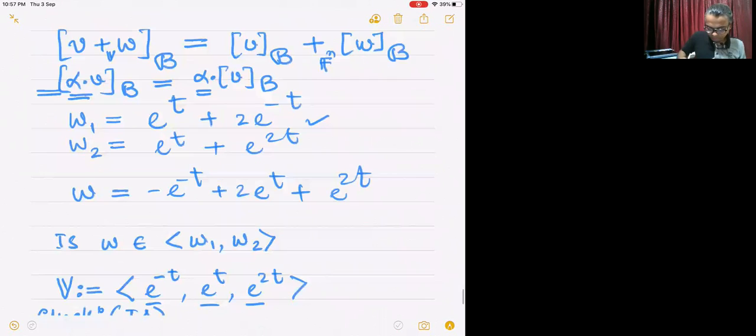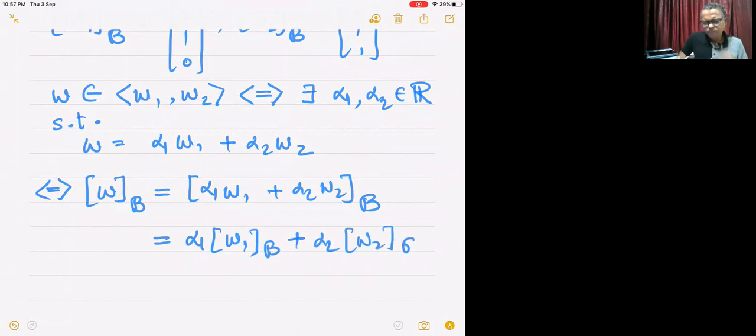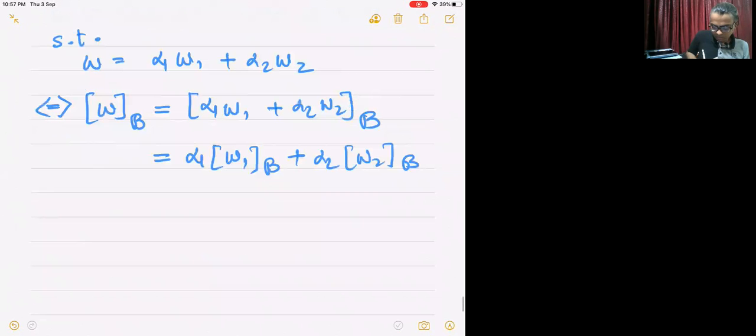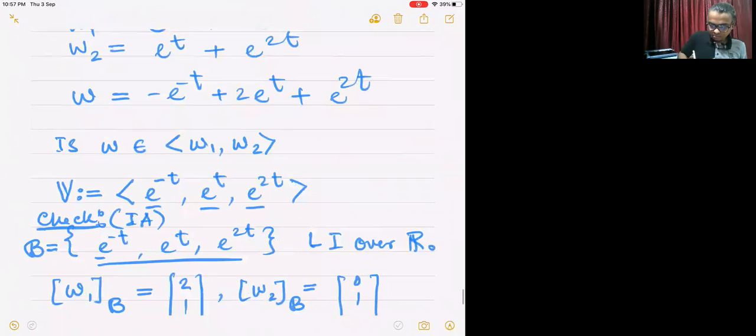Okay, now here. By the structure preserving part, this should be alpha 1 times w1 in B plus alpha 2 times w2 in B. But what is this? w in B is what? w is this one, so this is minus 1, plus 2, and plus 1.